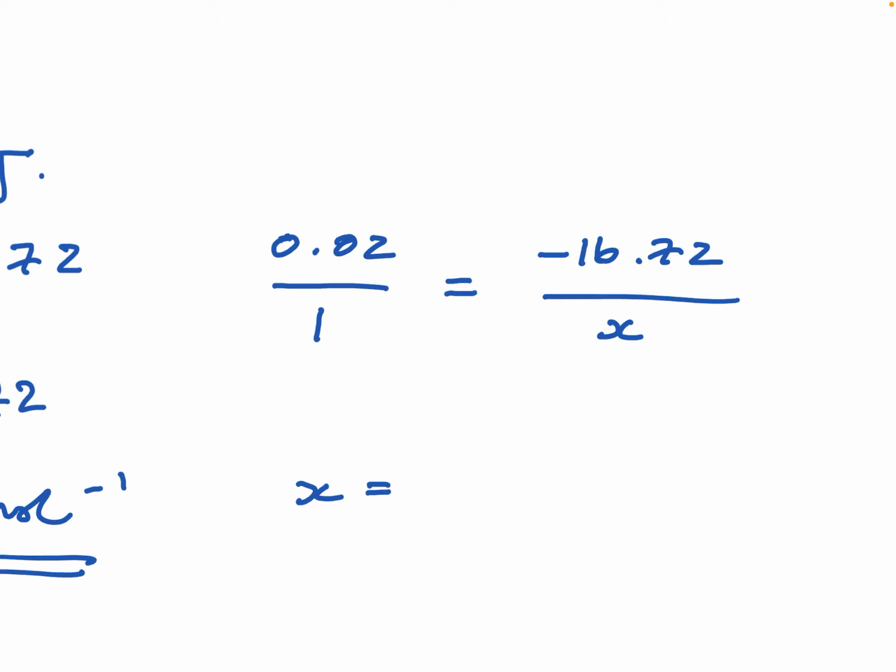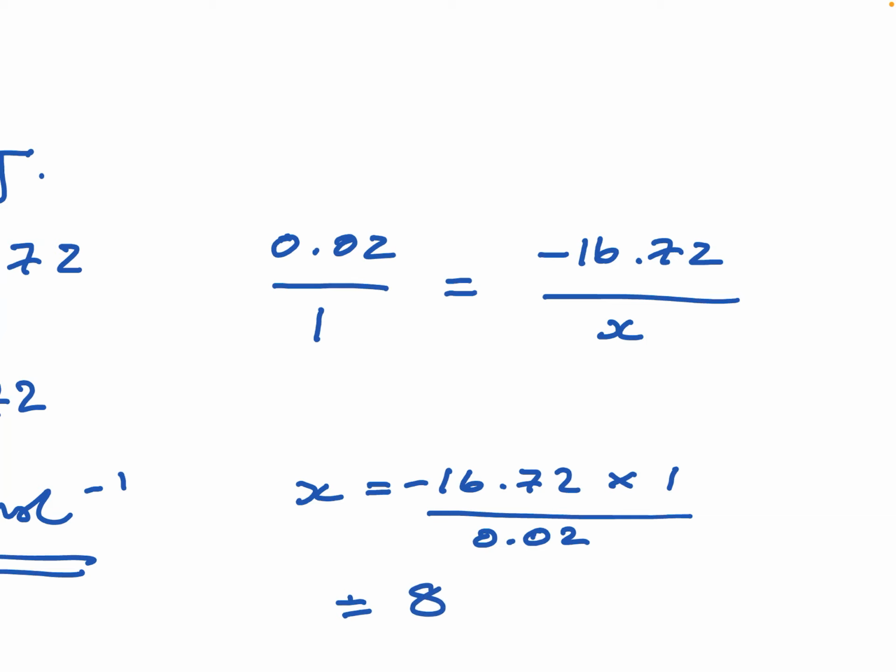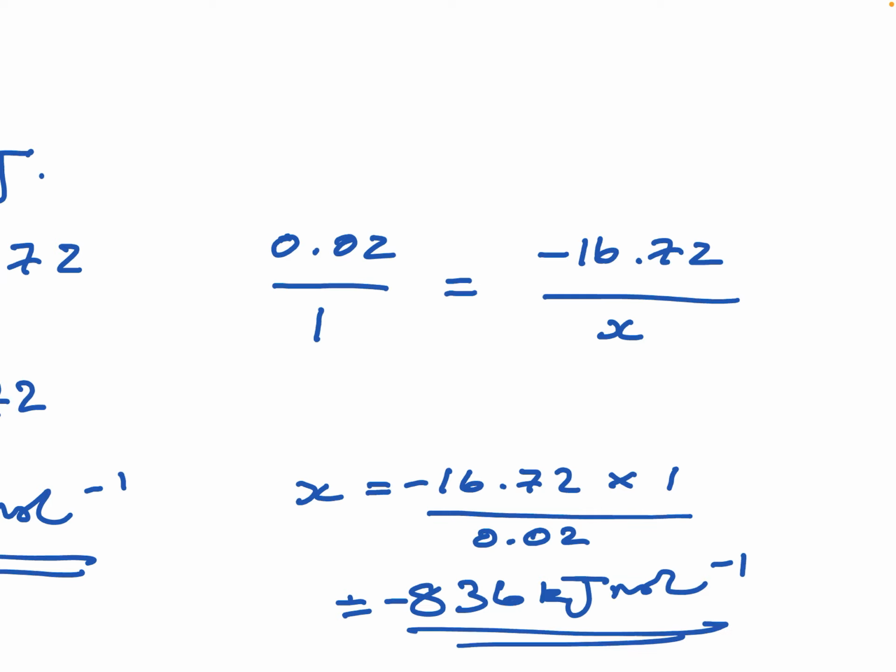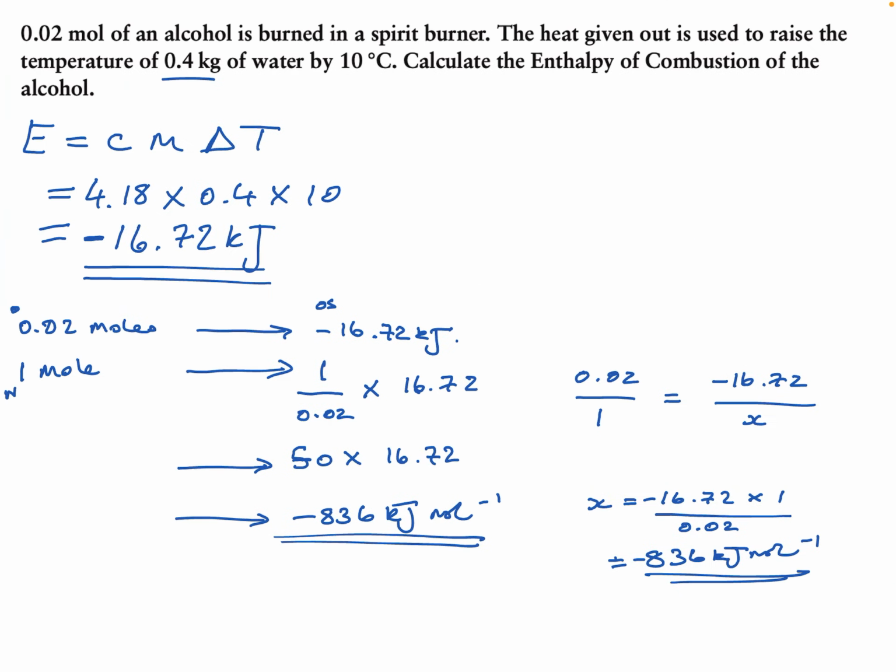So x is going to be 16.72 divided by 0.02. That answer is going to be the same, minus 836 kilojoules per mole. And make sure you're remembering the moles, because it's an enthalpy, which is the energy released based on 1 mole being combusted.